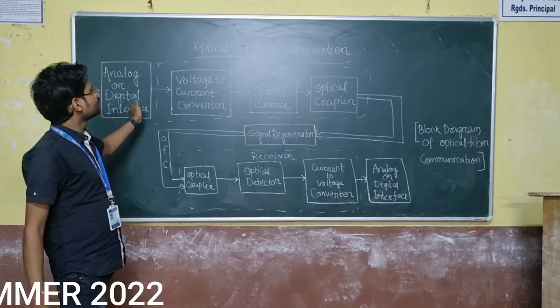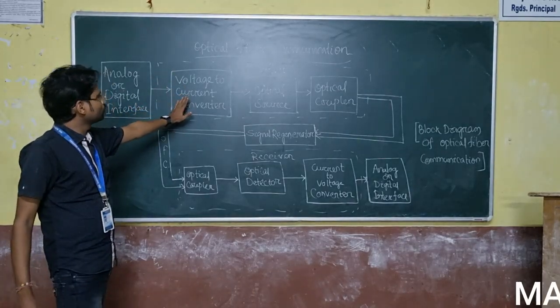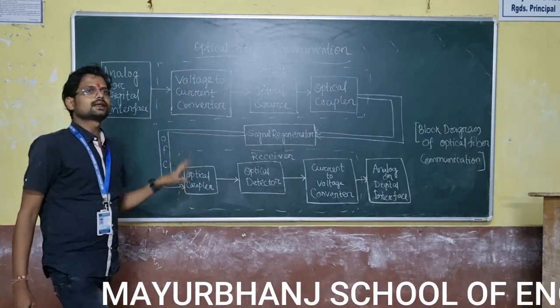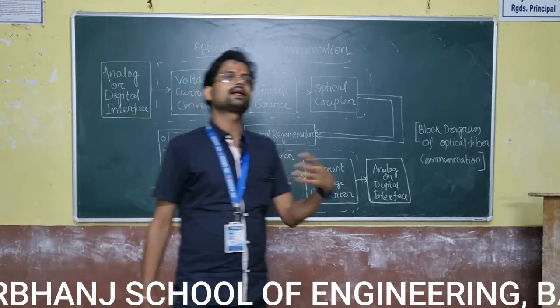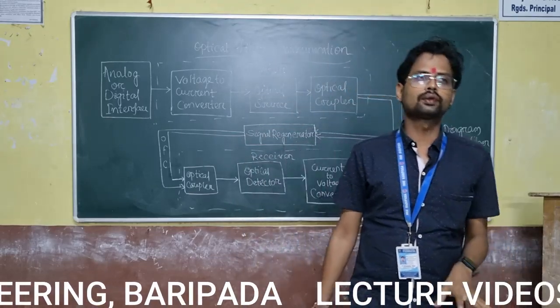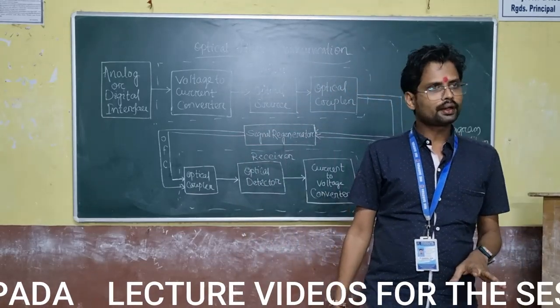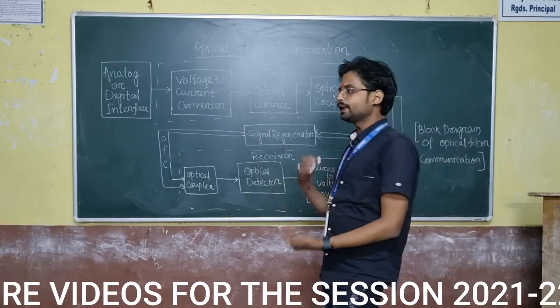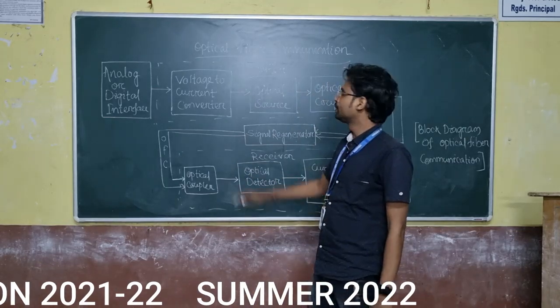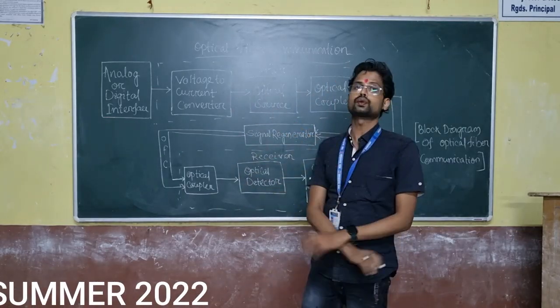This signal is sent to the voltage to current converter. If the signal is in voltage form, it will be converted to current form. After converting the signal from voltage to current, it will be fed to the optical source.